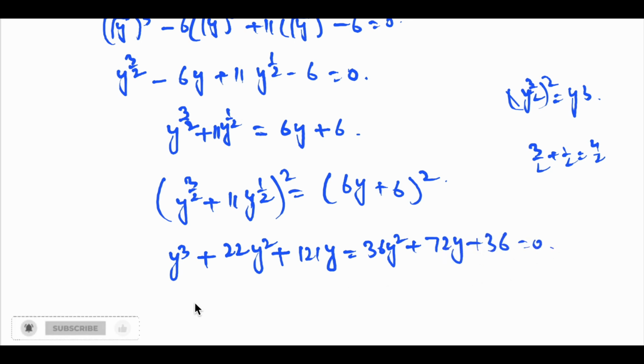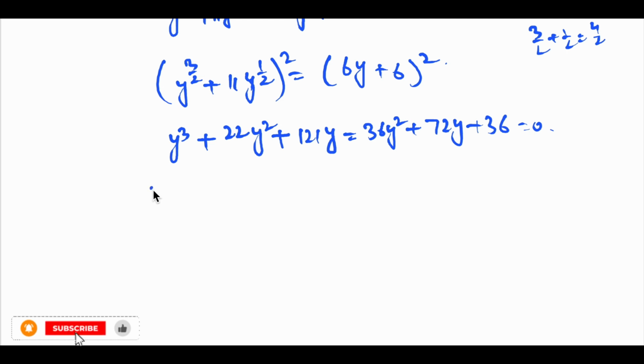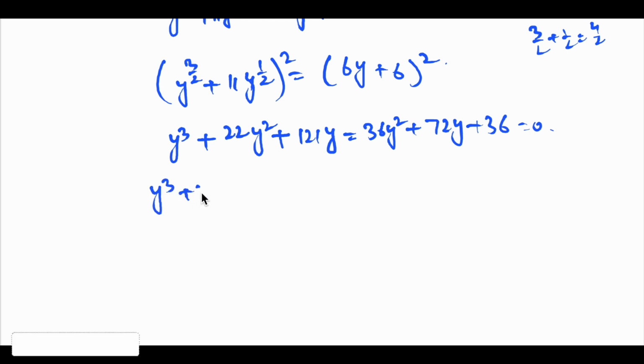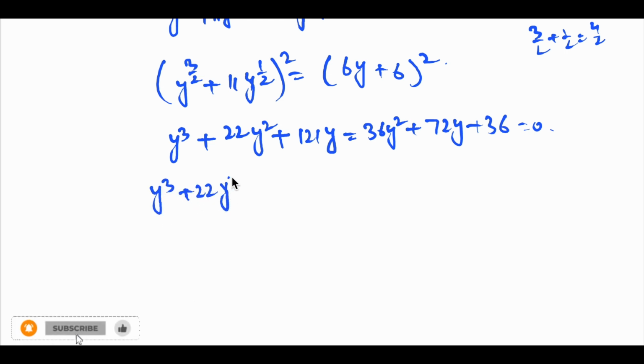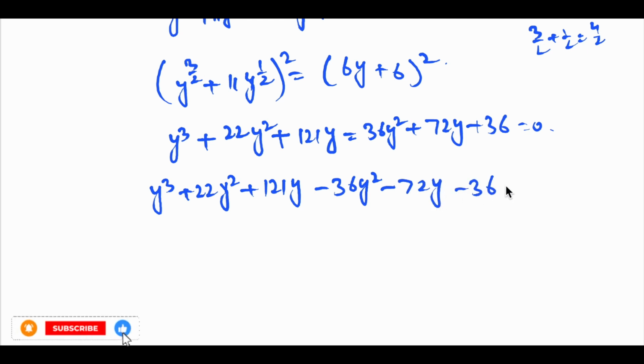I will transfer all these to one side. So this becomes y cubed plus 22y squared plus 121y minus 36y squared minus 72y minus 36 is equal to 0.